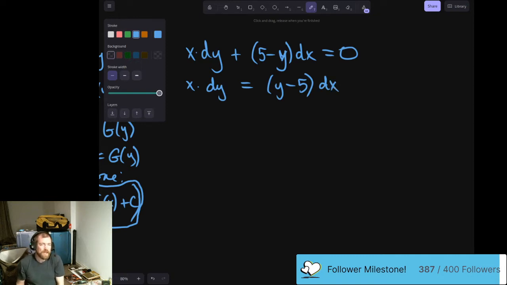Okay, and now we can see, oh yeah, this is a separable differential equation because we can divide both of these terms off from the side that doesn't have its variable to the side that does. So here, again, we divide all this stuff by x. We divide all this stuff by y minus 5.